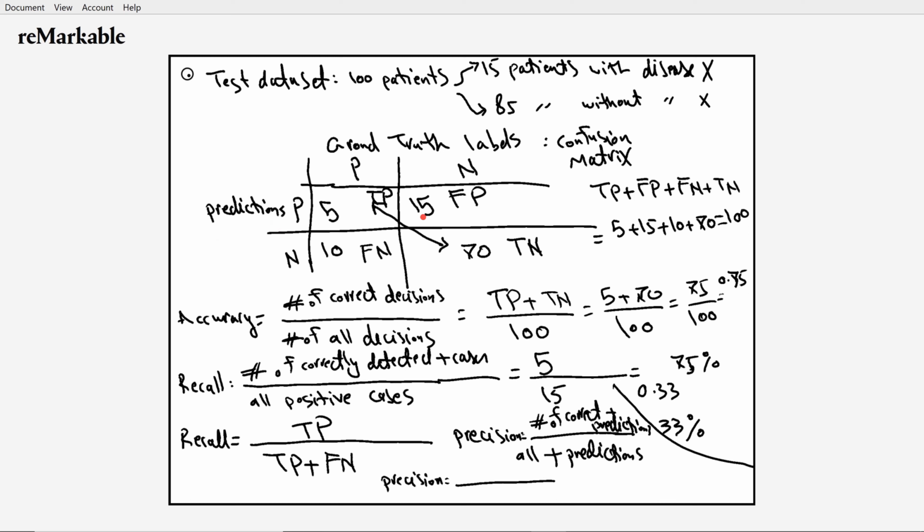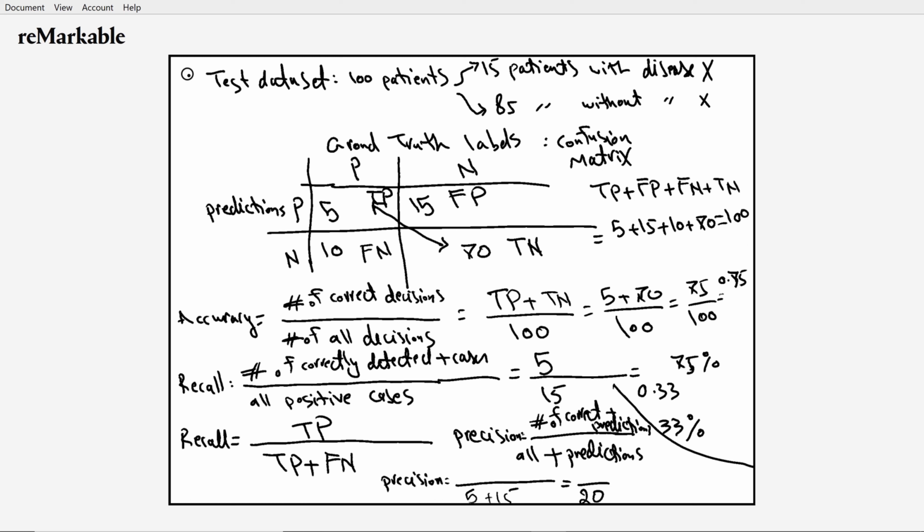So this is the total number of cases where we had a positive prediction. So our model looked at 100 patients and basically said 20 of these 100 patients I predict to have the disease. So 5 plus 15, this is going to be 20. Okay, what percentage or how many of these 20 were actually positive cases when compared to the ground truth labels?